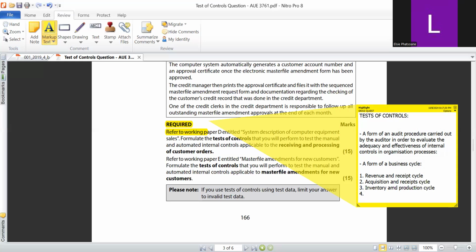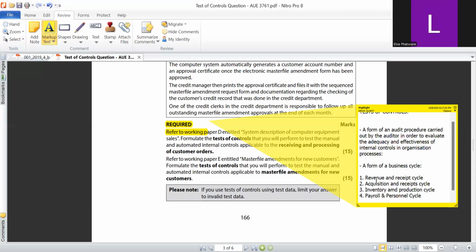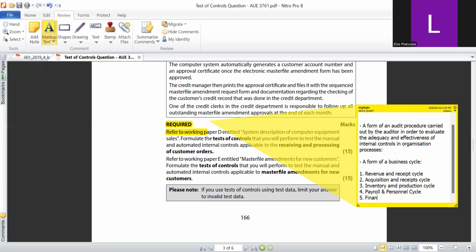Then there's the payroll and personnel cycle. Very, very important. There's also the finance and investments cycle.